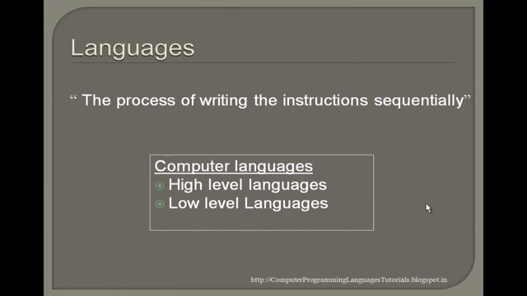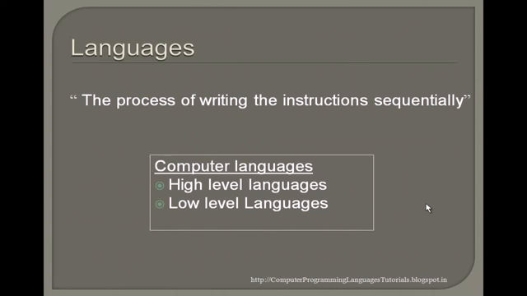Like this, whenever you type a program, you are going to talk to the computer. Therefore, you need a language. That is, language is a better way for communication.